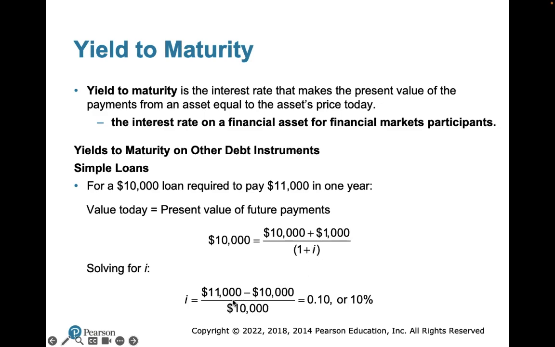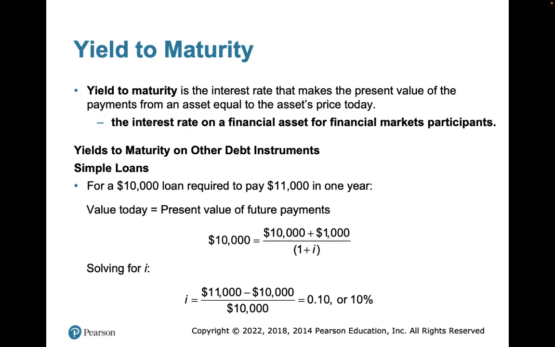So we have 11,000 minus 10,000, then we get this, or 10%. Sometimes the interest rate, which is the I, is not given, so you have to solve for the I, which is the interest rate. To get the interest rate, you have to subtract. We've done this in the earlier slide.